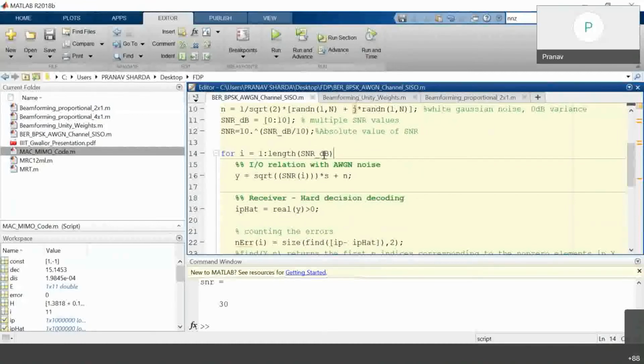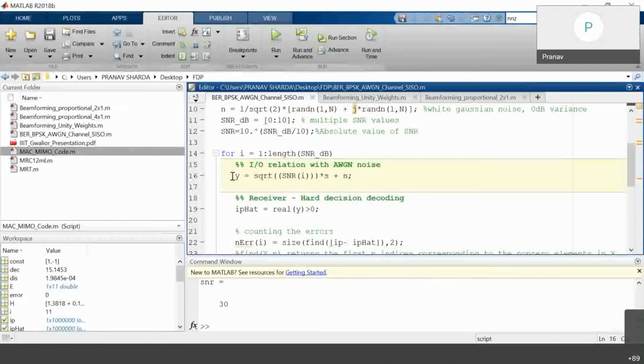For a particular value of SNR, there would be a particular average BER value, a particular average bit error rate value. So in line number 15, we define the input-output IO relation incorporating the additive Gaussian noise, AWGN noise. So we write the input-output relation for our considered single input, single output SISO communication system.